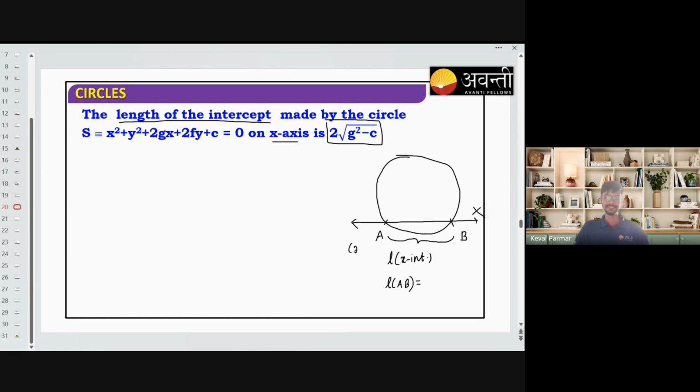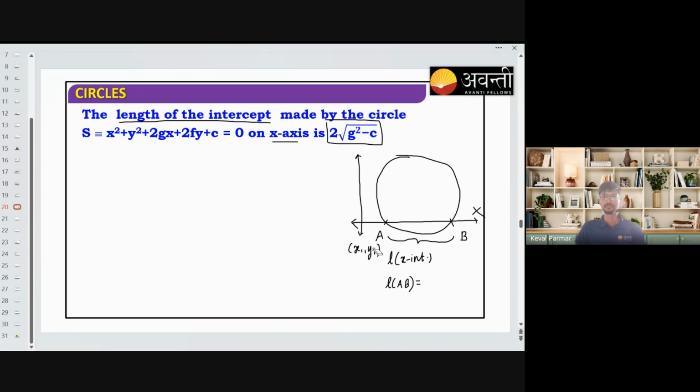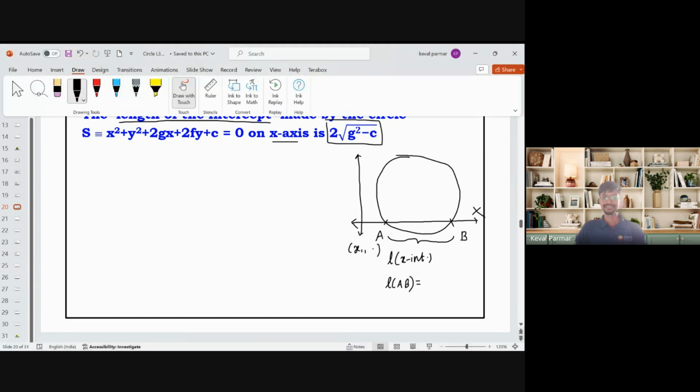Let this be x1 comma y1. Now there will be a y-axis here, guys, somewhere around here. Sorry, not x1 comma y1, it will be x1 comma 0, right? It is on the x-axis. So x1 comma 0.